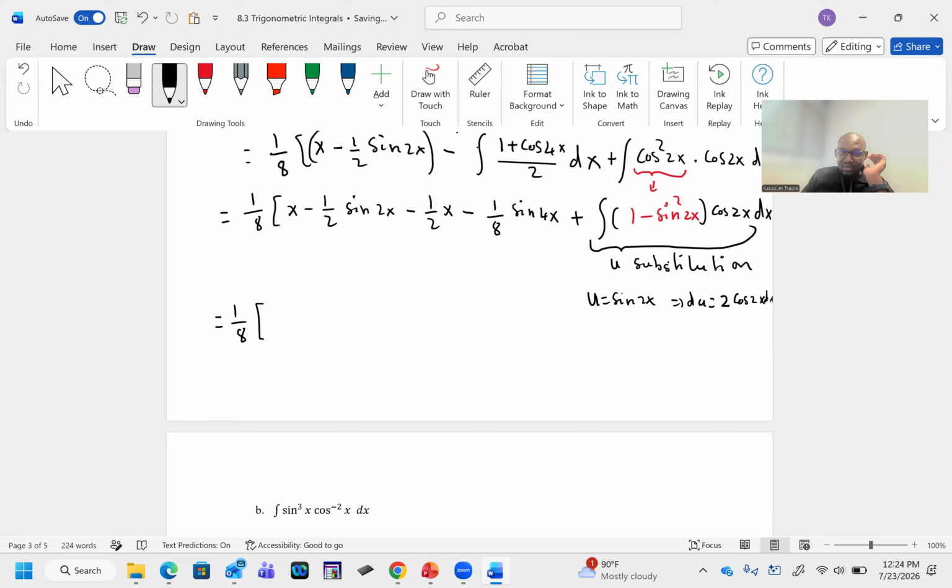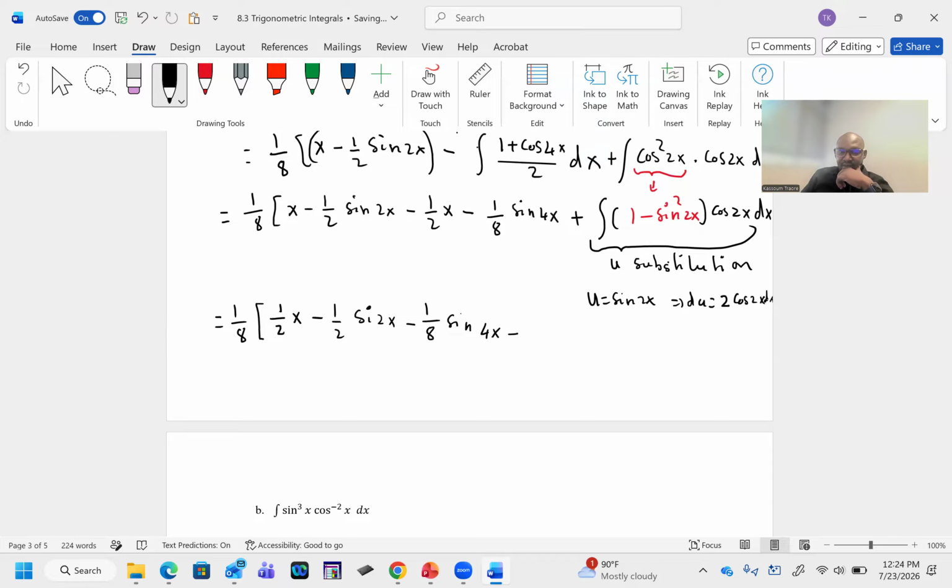We can combine these two. x minus 1/2 x will be 1/2 x, right? Minus 1/2 sine of 2x minus 1/8 sine of 4x.